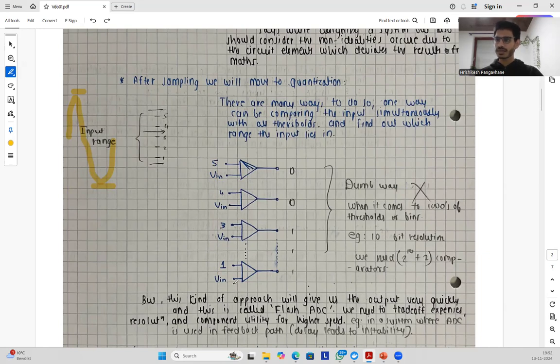So we start from 1, and if it is greater than 1, then we have 1. If it is greater than 2, then we have high as output. If it is greater than 3, then we have high as output. So it is greater than 3, so it lies between this level, right?